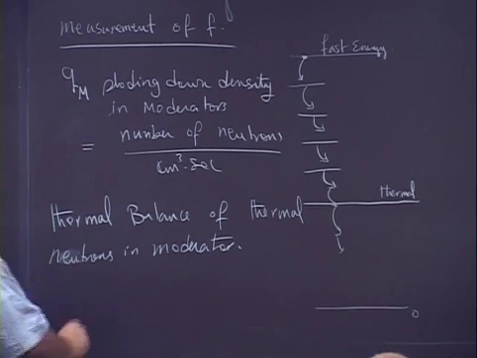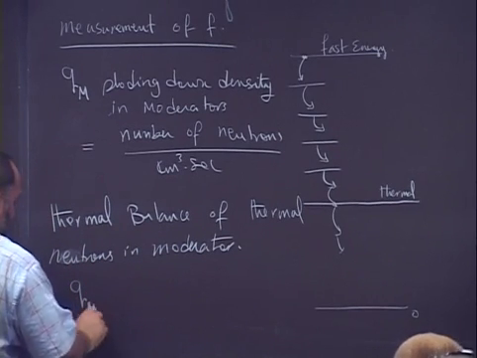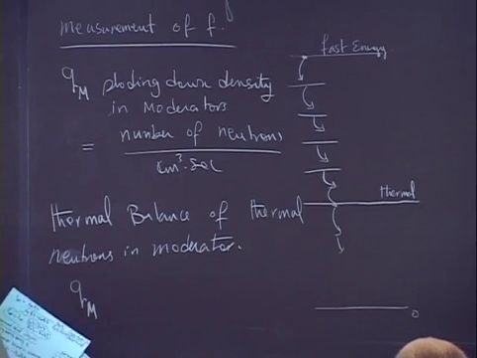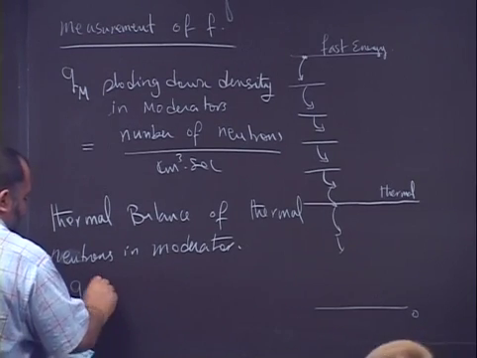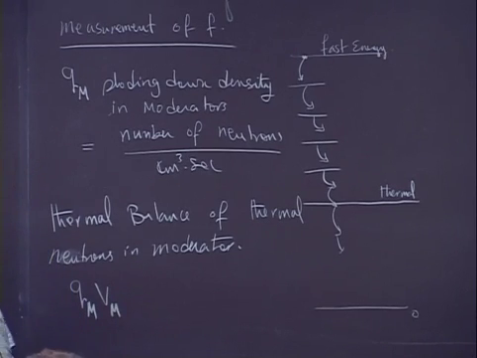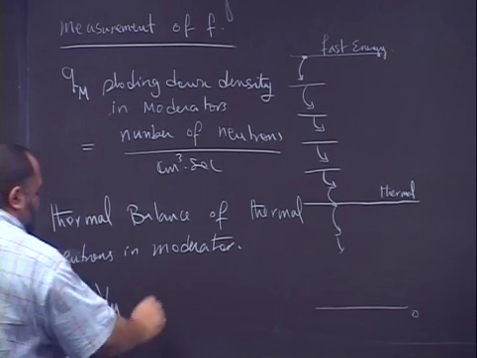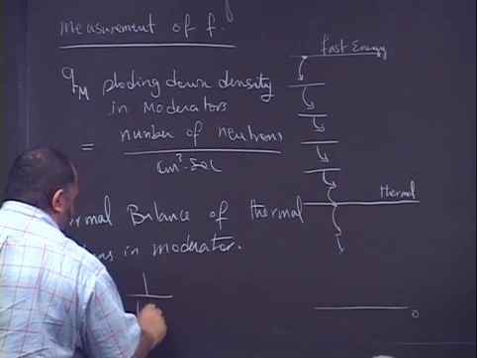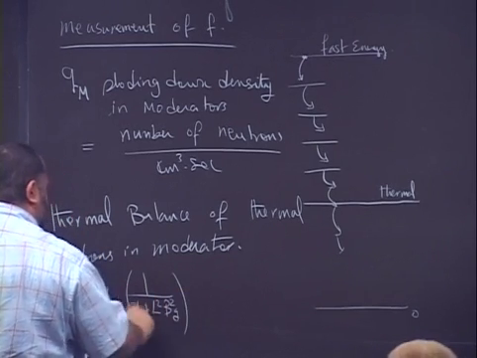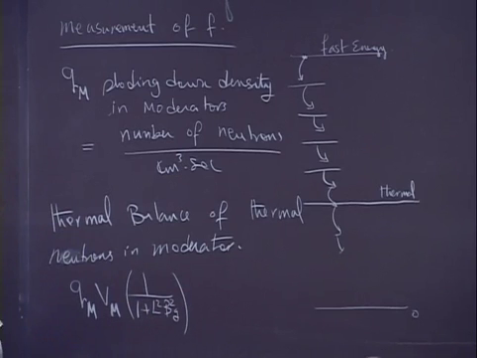So the balance will be: Qm is how many neutrons are slowing down into the thermal energy region per centimeter cube per second. If I multiply this by the volume of the moderator, this will give me the total number of neutrons per second slowing down in the thermal energy region. But I have to multiply this by 1 plus L squared B squared, to the power of minus one. And this is the non-leakage probability.